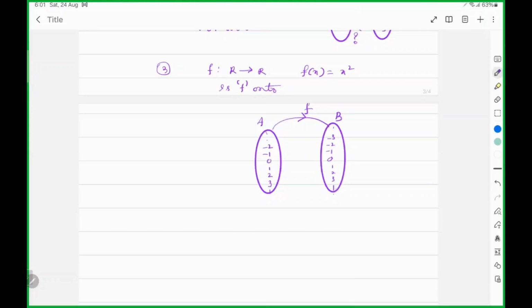So what is the pre-match of 4? f of x is x square, which is 4. What does the pre-match mean? 4 has a pre-match 2. X square is 9, what is the pre-match? 3.